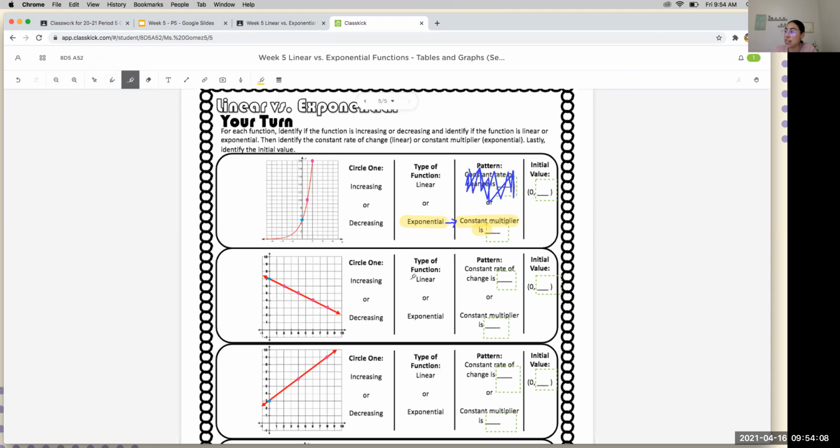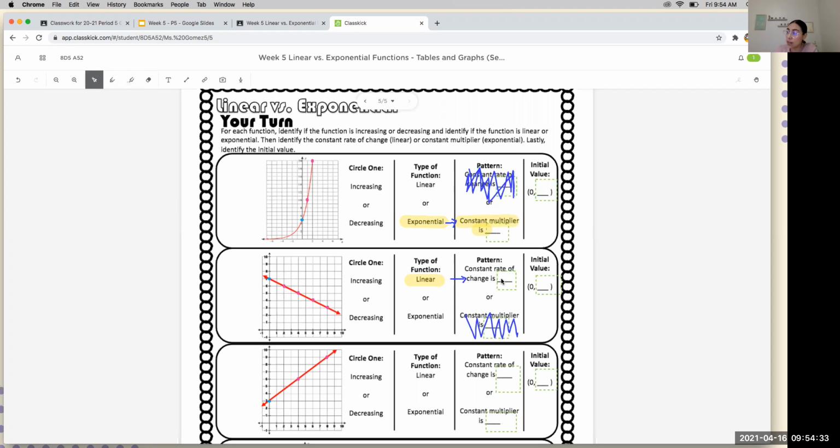If you're saying the function is linear, then you know right next to it is that rate of change. You don't have to worry about this constant multiplier. So there are boxes and squares where you're filling it in, but you don't have to fill it in for every single thing if it doesn't need an answer there. We don't need an answer here. Okay, so keep that in mind.